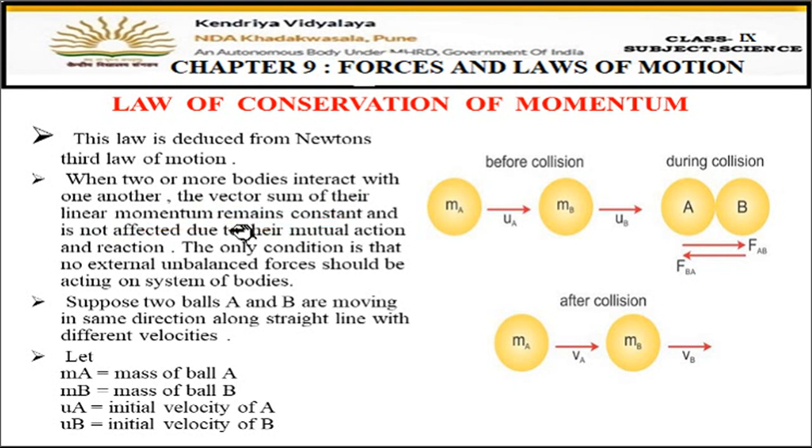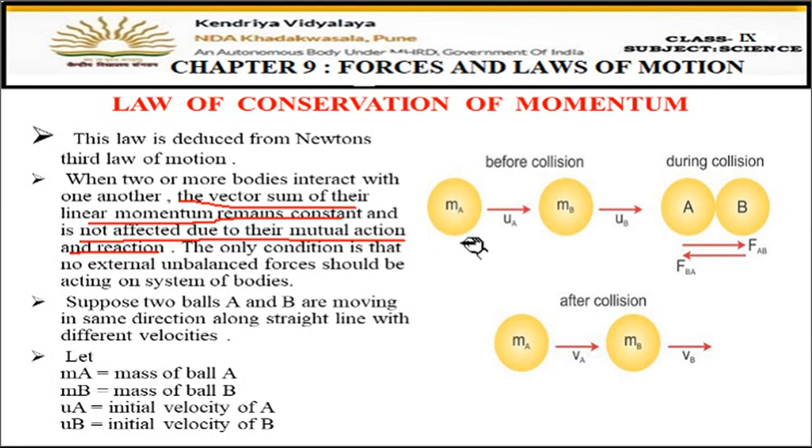But what we are trying to say here is that when the bodies are in contact with each other, their linear momentum remains constant unless and until any unbalanced force is acting on them. Let us read again: the vector sum of their linear momentum remains constant and is not affected due to their mutual action and reaction.